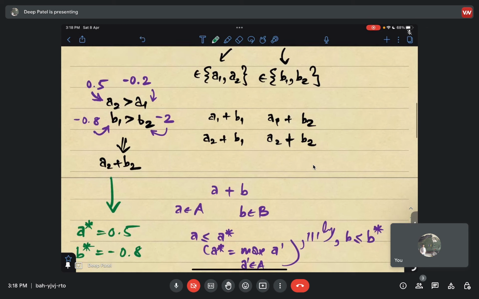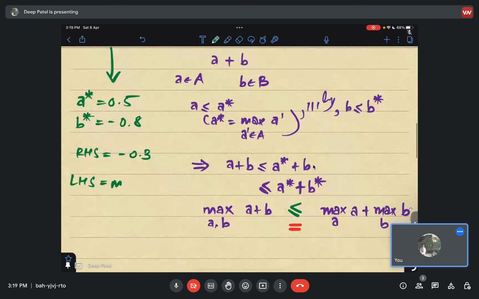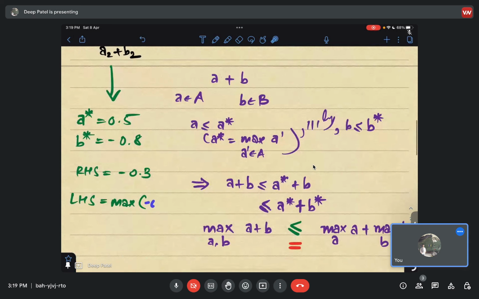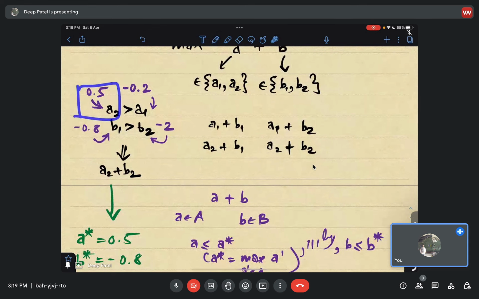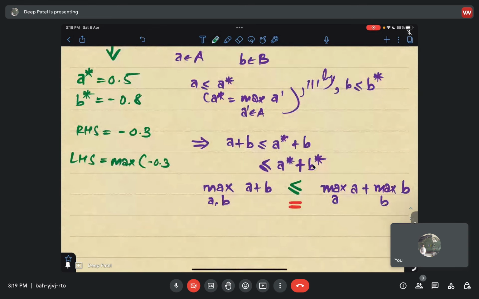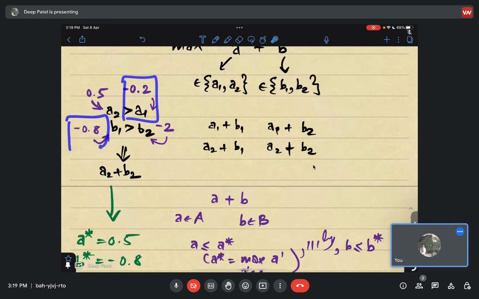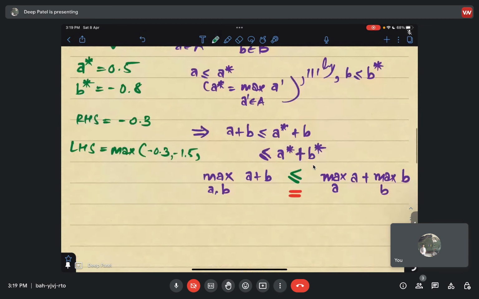So we have max over, say, A2 plus B1, which is minus 0.3. Then 0.5 and minus 2 gives minus 1.5. And similarly the others give minus 1 and minus 2.2. So the max is minus 0.3. Unfortunately they are equal here.